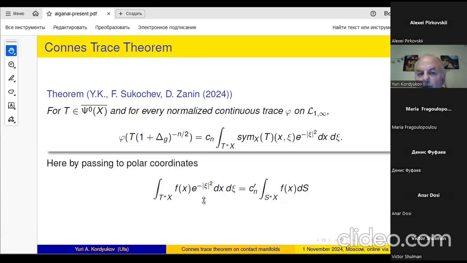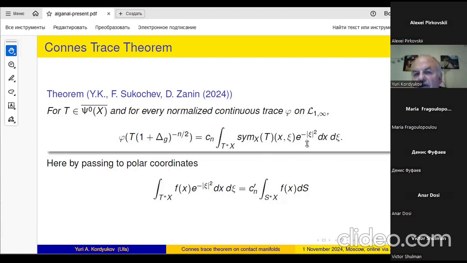When we have a proper action of a Lie group, we can put cutoff functions along the orbit of this group whose integral equals 1, and that's what is done here.